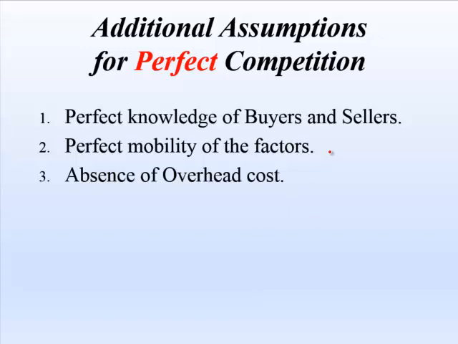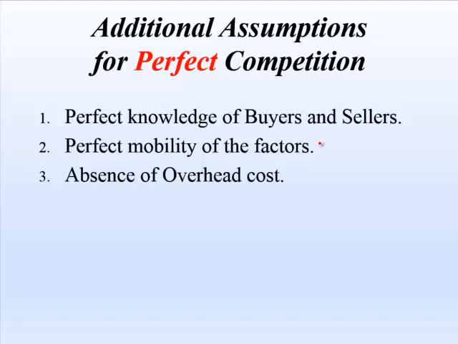Perfect mobility of factors means factors of production like labor and capital can freely move from one firm to another in an industry. They can also move from one job to another, and in this way there is a scope of learning newer skills.